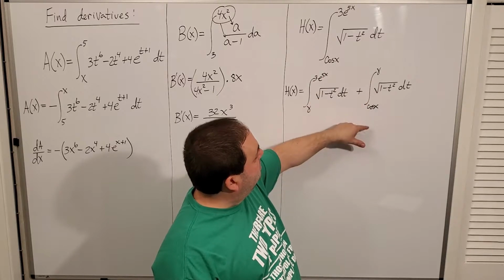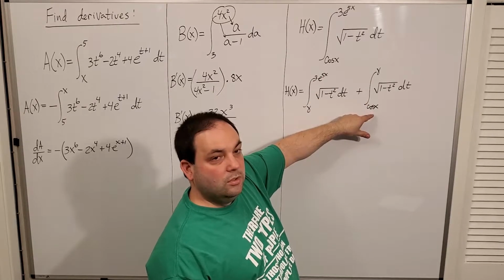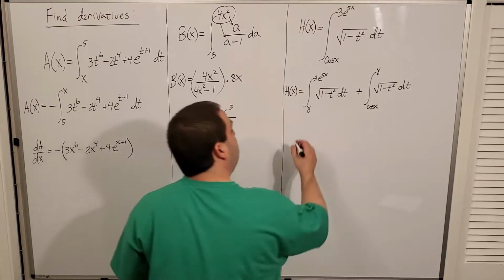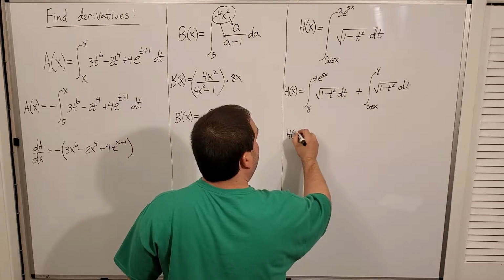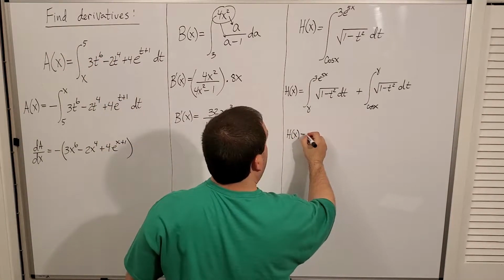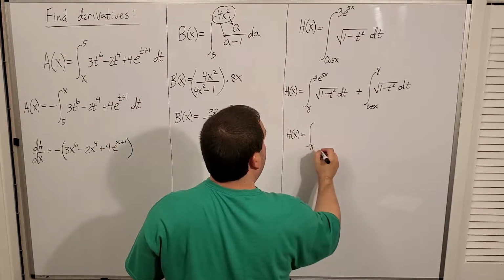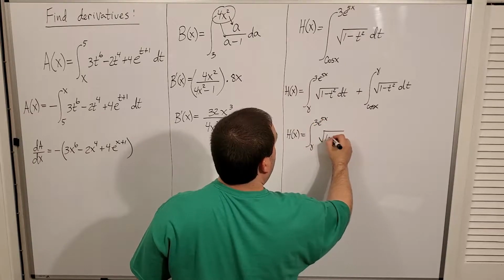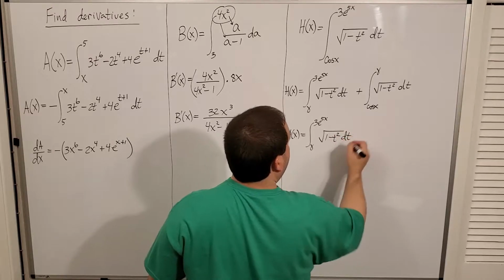But in this one, the variable is in the bottom, and I need it to be in the top. So using my other properties, like I did over here, I still have the integral from gamma to 3e to the 5x of square root of 1 minus t squared dt.